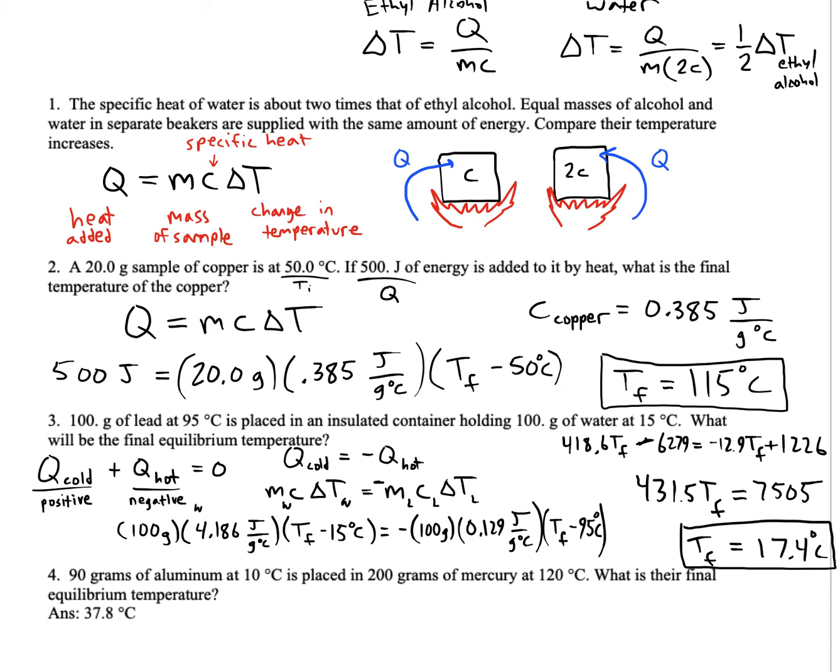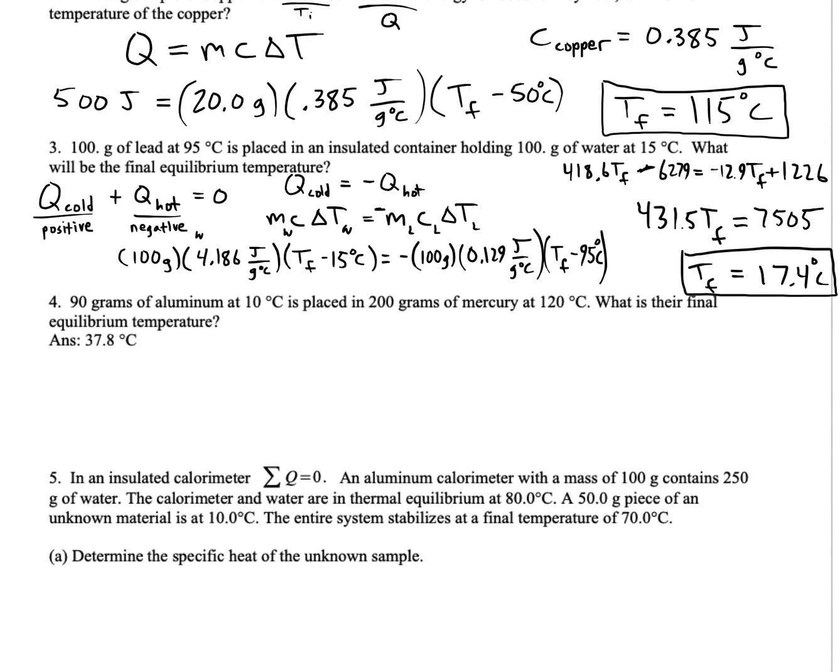And one reason for that is the specific heat of water is so much larger than the specific heat of the lead. So it's just very easy to change the lead's temperature to make it come closer to what the water's temperature was. So that'll do it. Number 4 is going to actually be very similar to the one I did.